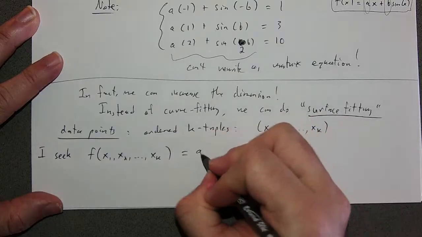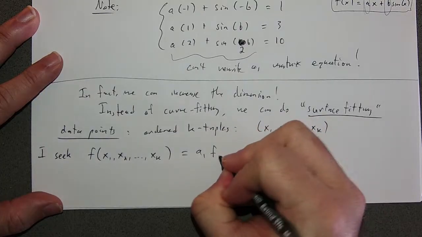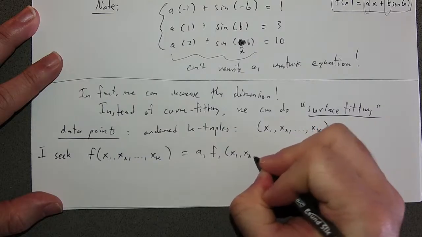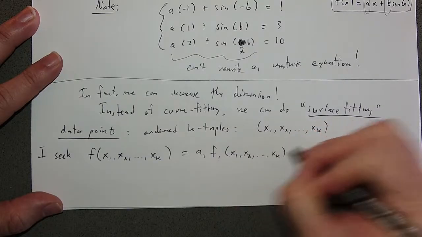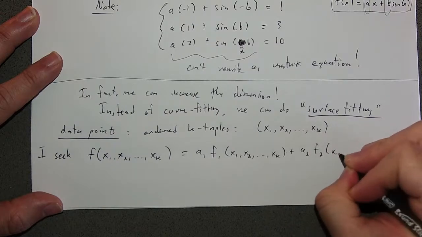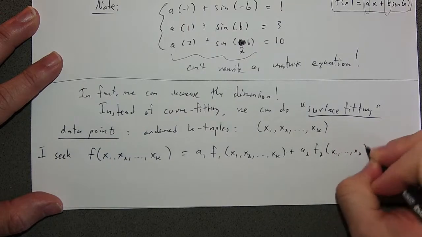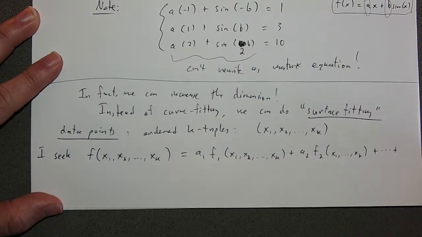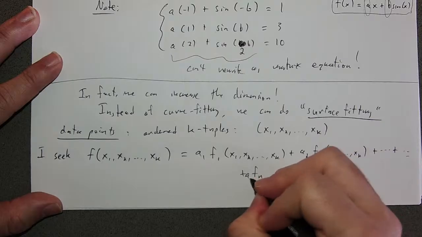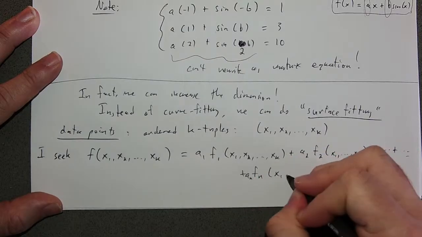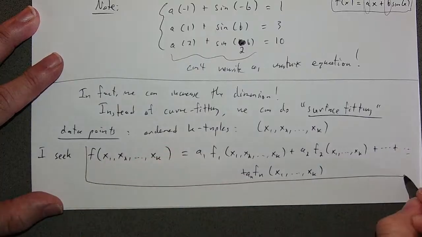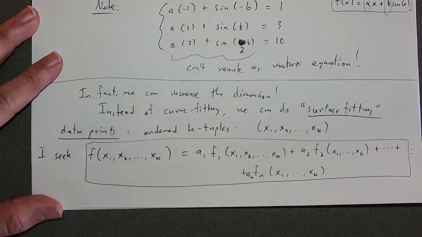So here, first unknown is a1, and then I have a function of k variables f sub 1, plus a sub 2 times my second function of k variables f sub 2, and so on, all the way to f sub n, a sub n times f sub n. This is my last function of k variables. So this is the thing that I seek.